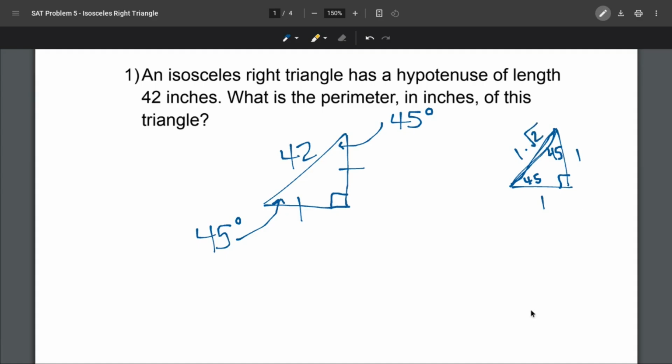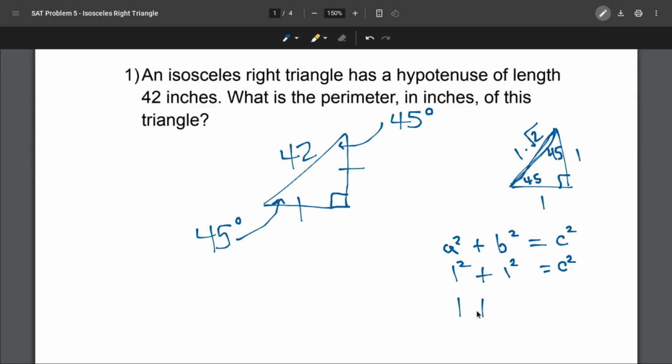And the reason for that is if you think of the Pythagorean theorem, a squared plus b squared equals c squared, with c being the hypotenuse. Well, if you have 1 squared plus 1 squared, that's equal to c squared.